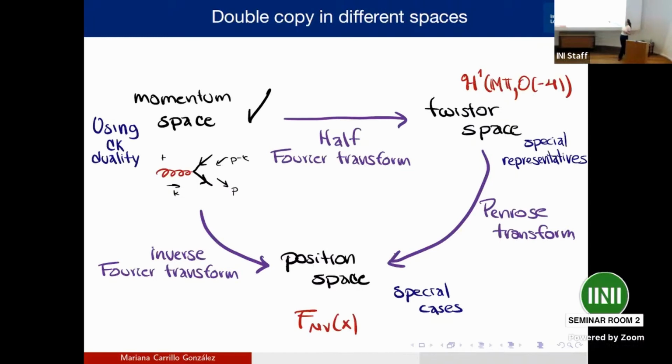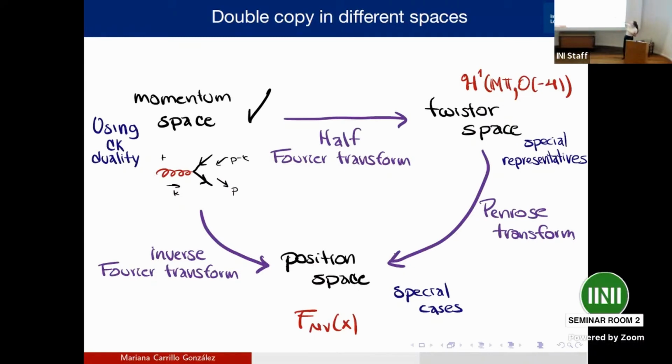So we started in momentum space, just reviewing the basic double copy, where you're required to have the color kinematics duality and specific ends in exactly satisfying this color algebra to do the double copy procedure. Through an inverse Fourier transform, you can get to position space, and only in special cases where convolutions turn into products, you get this simple squaring and Bile and Cotton double copy.